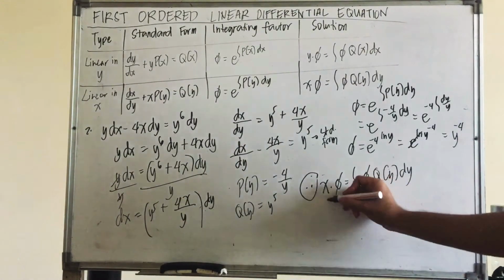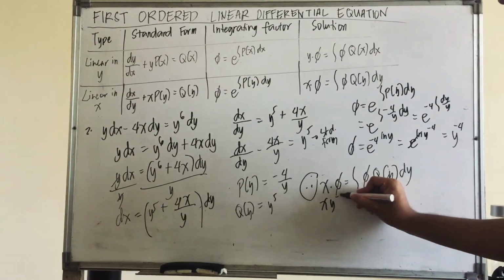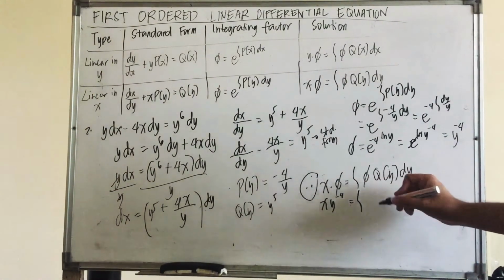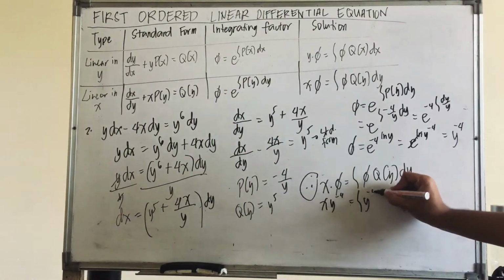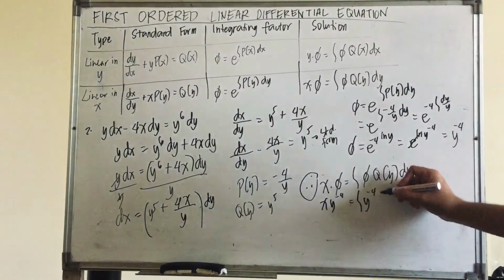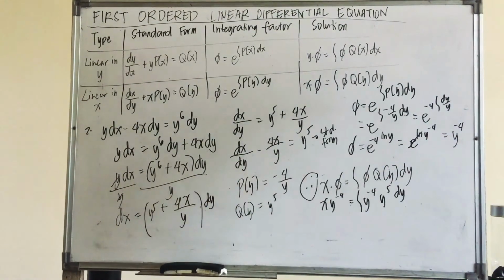So substitute: x times the integrating factor y raised to negative 4 is equal to the integral of y raised to negative 4 times q of y. q of y is equal to y raised to 5, so y raised to 5 dy.